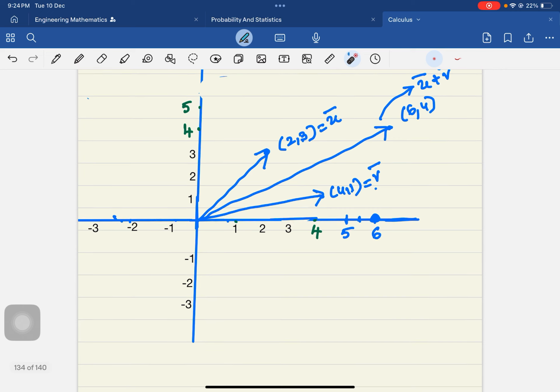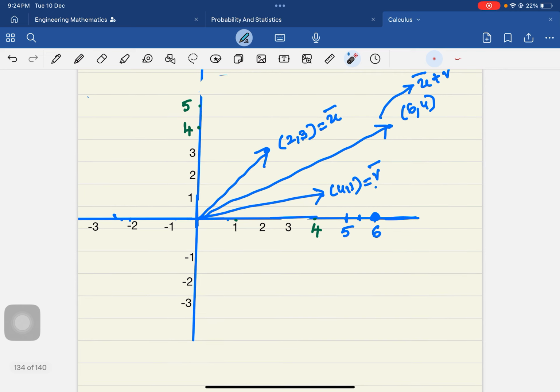Now let us see the vector subtraction. That means the difference between the two vectors. Let us see what 4 minus 2 is: it is 2, somewhere here, and 1 minus 3 is minus 2. So it will be somewhere here.